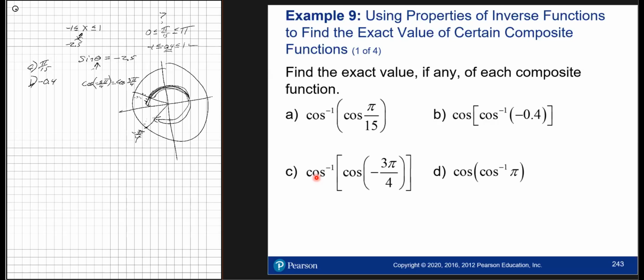So that angle has to be between 0, exclusive, and pi. Well, that's going to be the second quadrant. And so that's going to be 5 pi over 6.